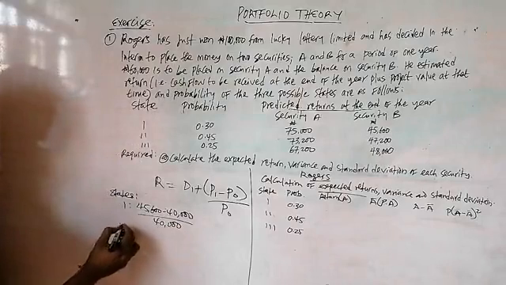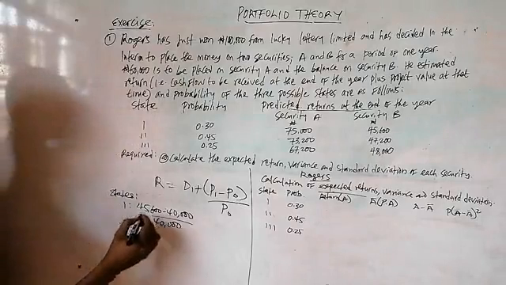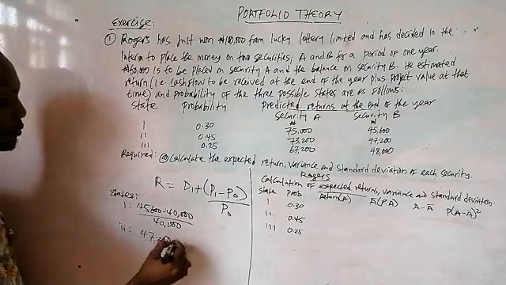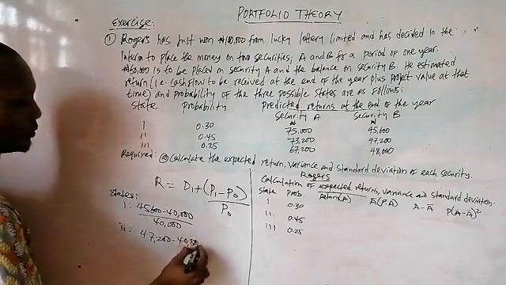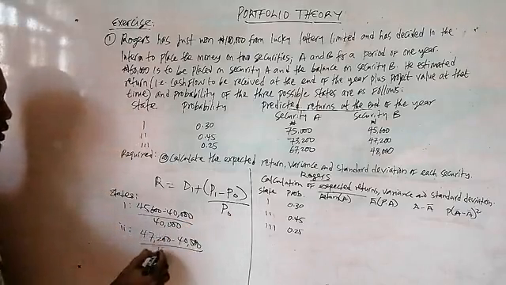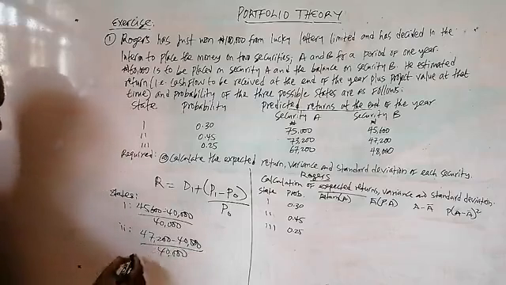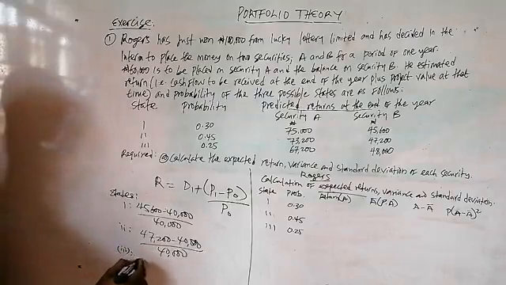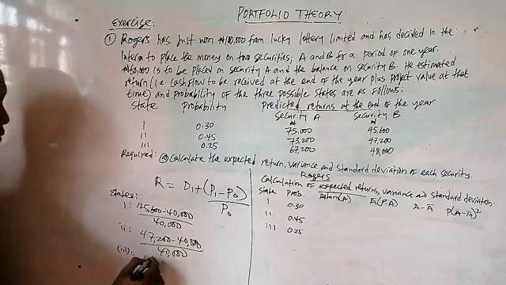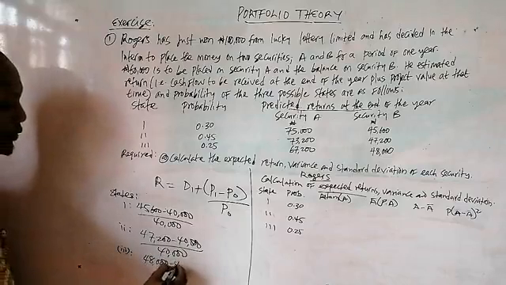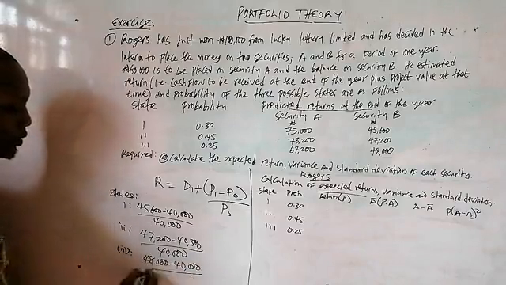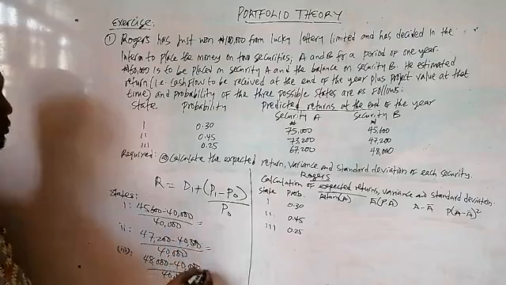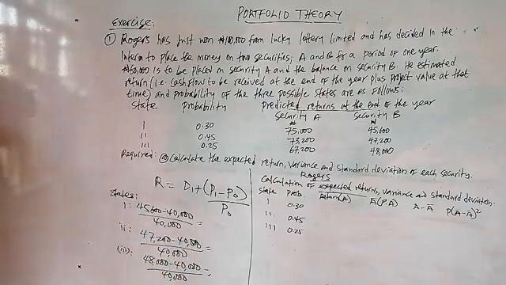For state 2, we have 47,200 minus 40,000, still using this formula, all over 40,000. For state 3, 48,000 minus 40,000, all over 40,000.